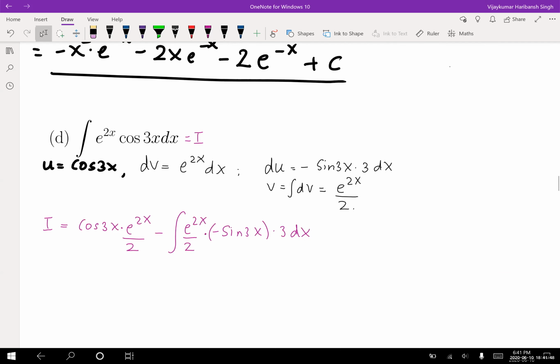So let's simplify this a bit. So this is going to be cos 3x e to the power 2x divided by 2 plus 3 by 2 integral of e to the power 2x sine 3x dx.